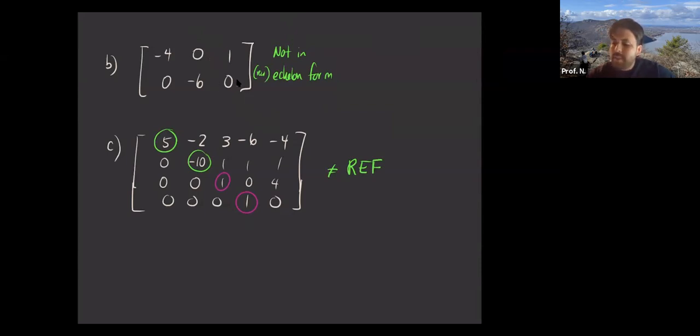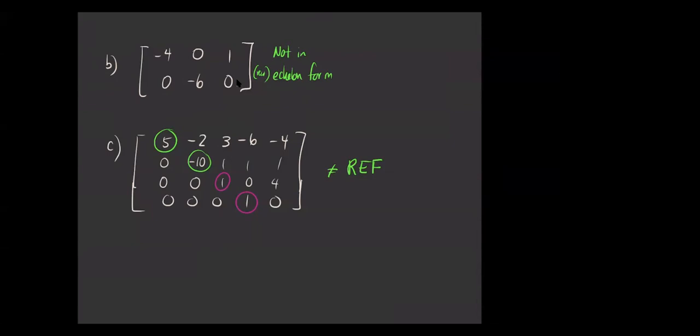If you have pivots and they're all leading ones, and you have zeros above and below, then you have what's called row reduced echelon form. I think what's happening is that they don't put the word row in it. They just write echelon form and reduced echelon form, but they should write row echelon form and row reduced echelon form. Maybe that's why I'm getting it wrong, because I'm doing it to row and they're not.